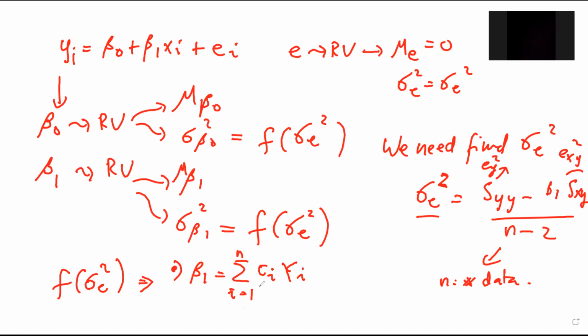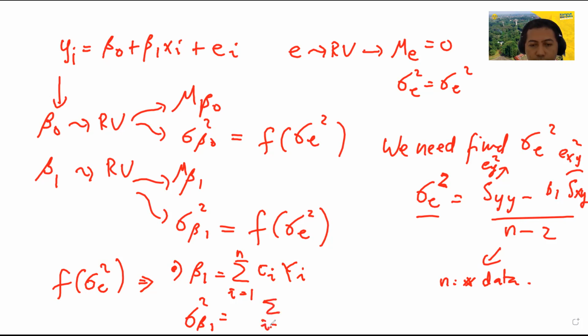From these equations, we can easily see that the variance of B1 equals the function of C_i times the variance of error.